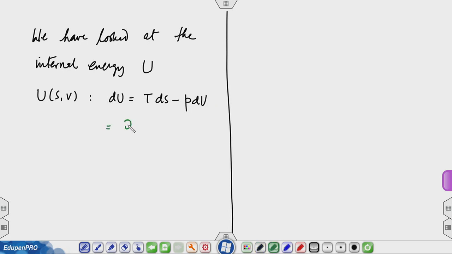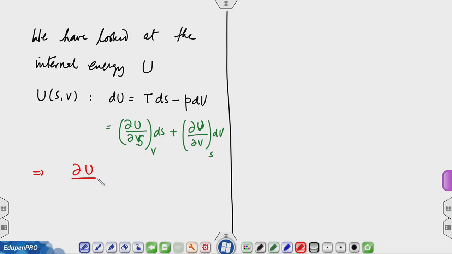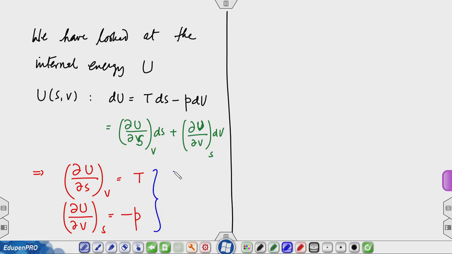This is also equal to partial U with respect to partial S at constant V times dS plus partial U over partial V at constant S dV. This gave partial U partial S at constant V equal to the temperature, and partial U over partial V at constant S to be equal to minus the pressure. And this also led to a Maxwell relation.